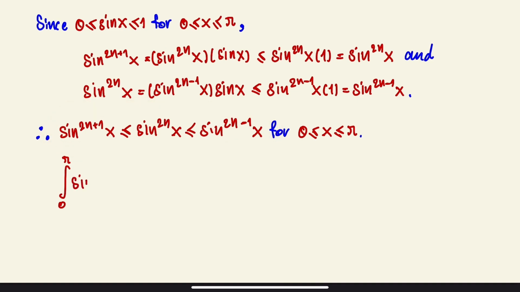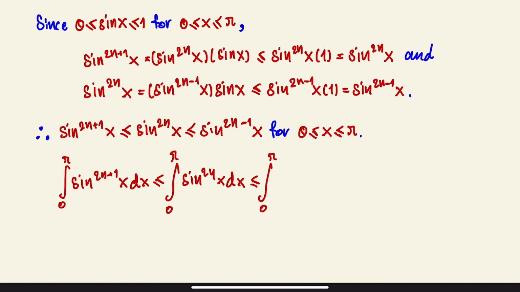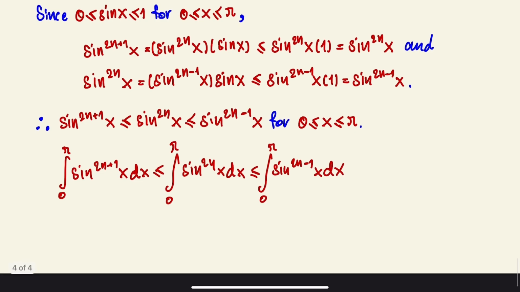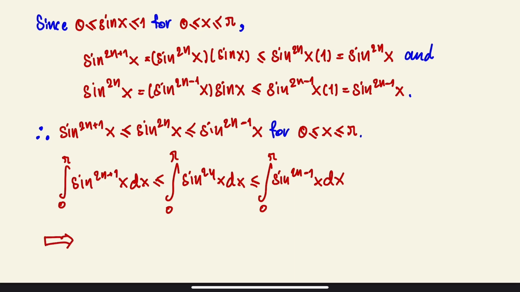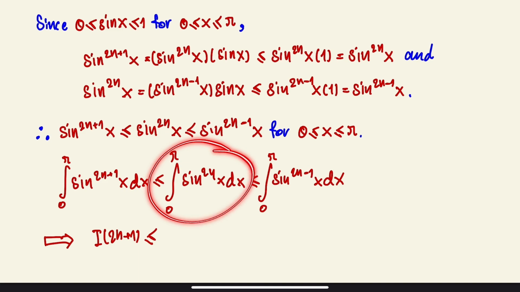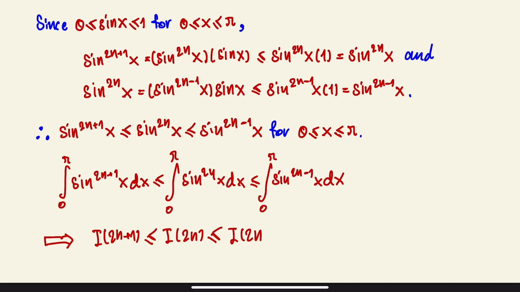So we're going to have this integration here and this integral, sine x dx like this, which means that I of 2n plus 1 is less than or equal to I of 2n, which is less than or equal to I of 2n minus 1.